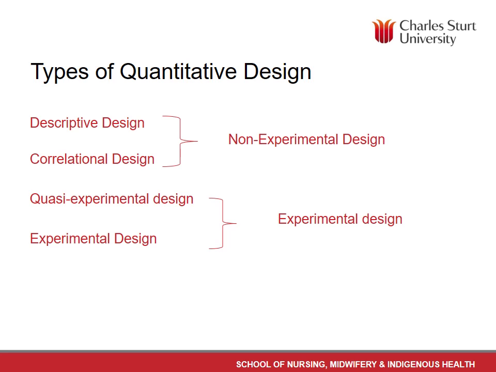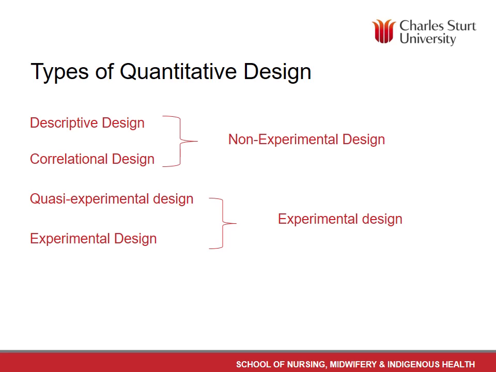And so the experimental design has three properties: manipulation, control, and randomization. They have a control group, which means they have at least two groups. In the case of a randomized controlled trial with a medication, group A would receive the standard therapy, and group B would receive the experimental therapy.